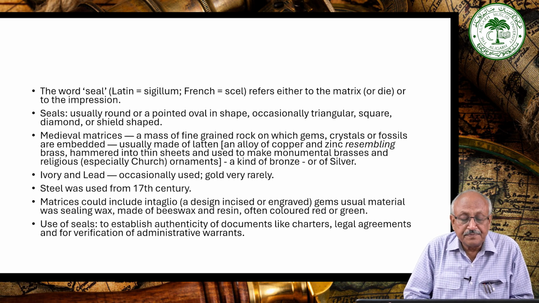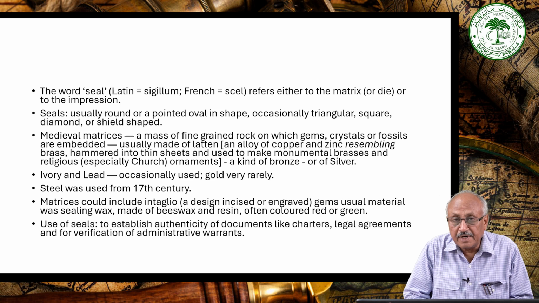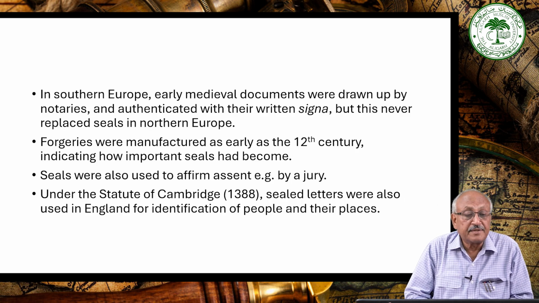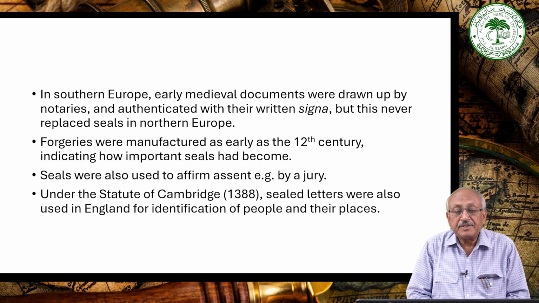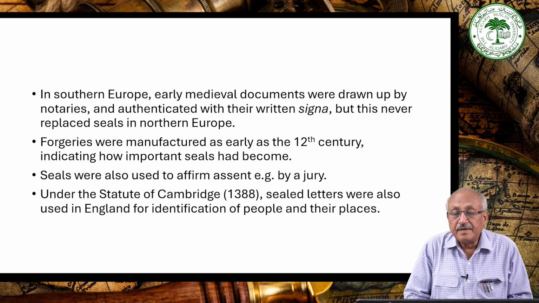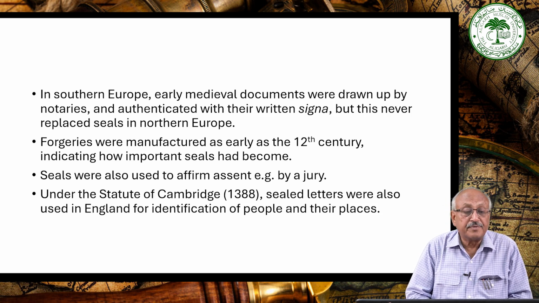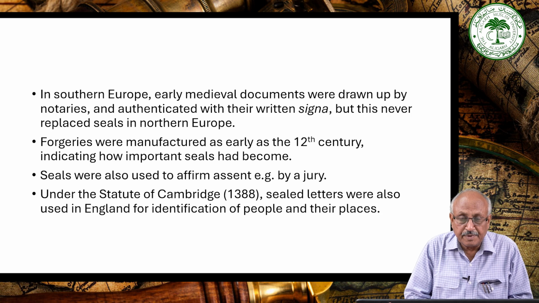Seals were used to establish the authenticity of documents like charters, legal agreements, and for verification of administrative warrants, manuals, etc. In southern Europe, early medieval documents were drawn up by notaries and authenticated with their written signatures, but this never replaced seals in northern Europe. They continued to be important.